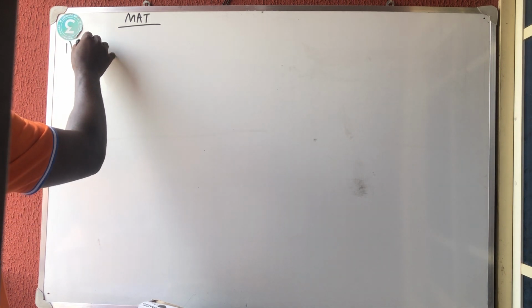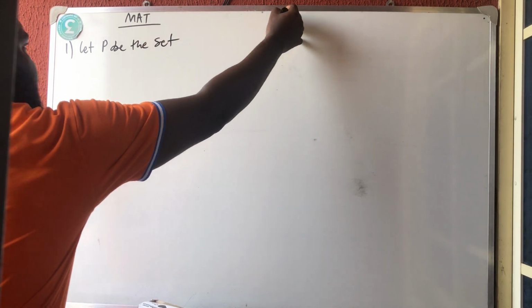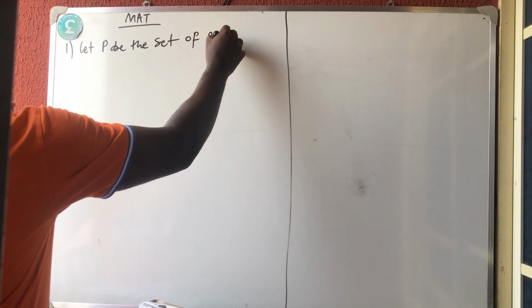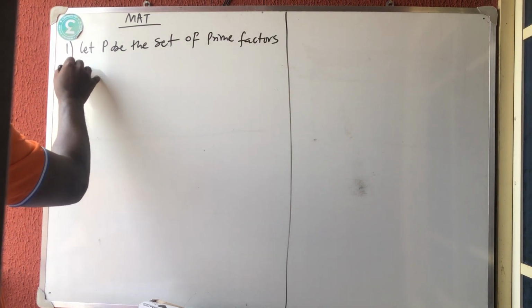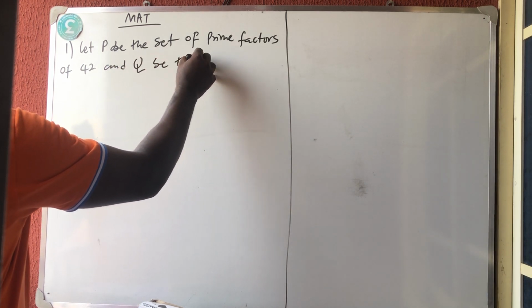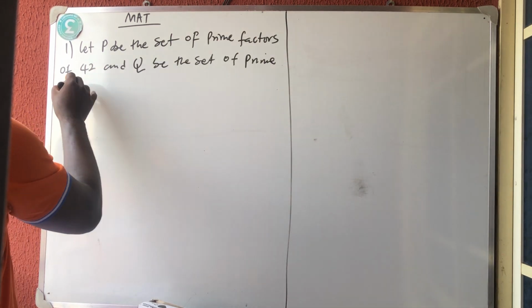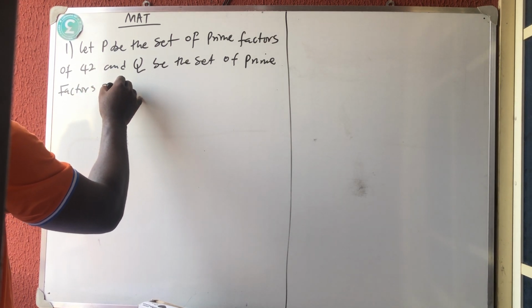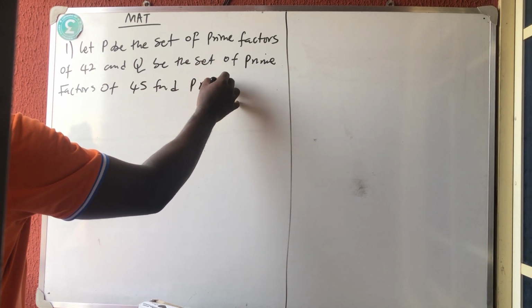Number one said: let P be the set of prime factors of 42, and Q be the set of prime factors of 45. Find P intersection Q.